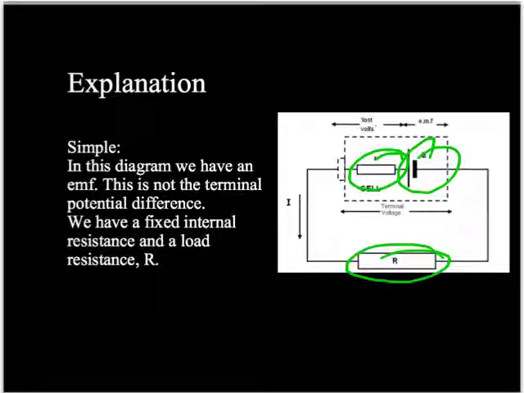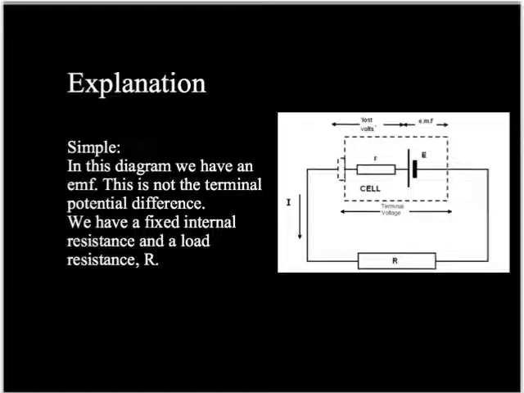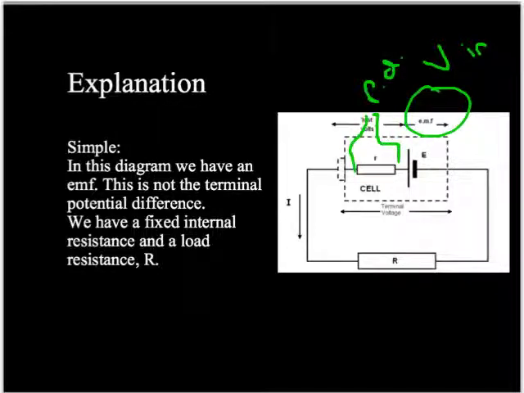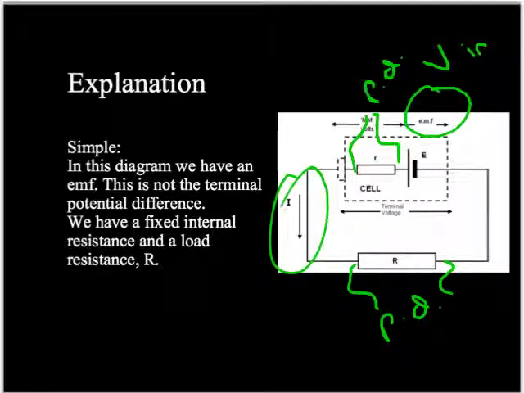Now, we should know from previous experience that the total voltage supplied to a circuit is equal to the total voltage removed from the circuit. So in this circuit, we're going to have an EMF in, so this is V in. Then we're going to have a potential difference across the cell resistance, and there's also a potential difference across that load resistance, and all that depends on the current.